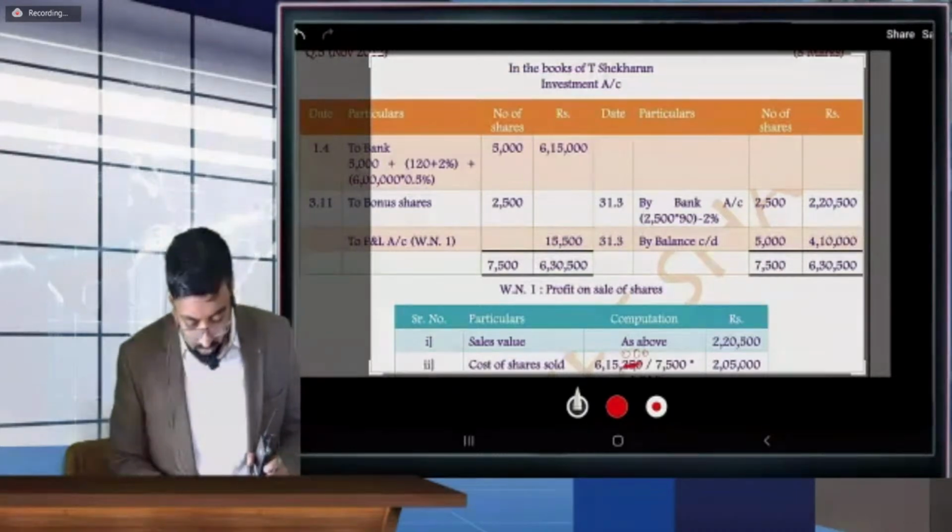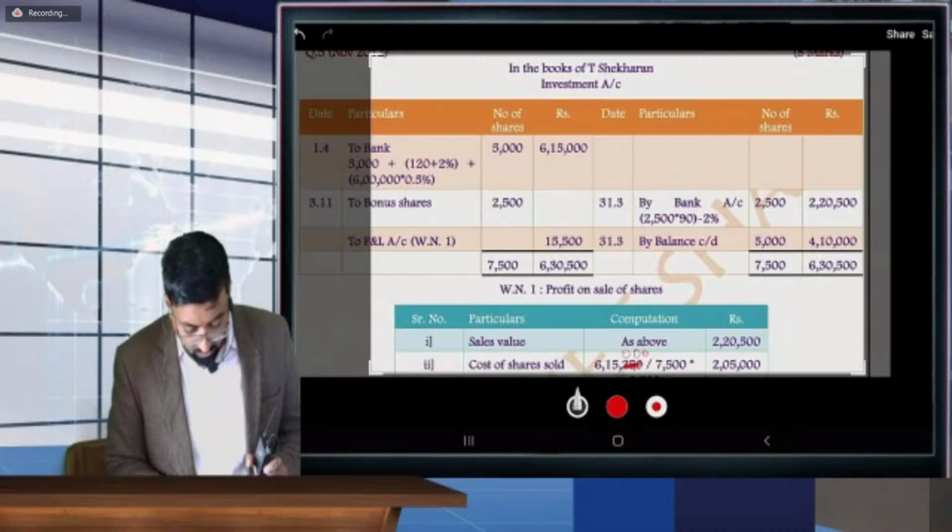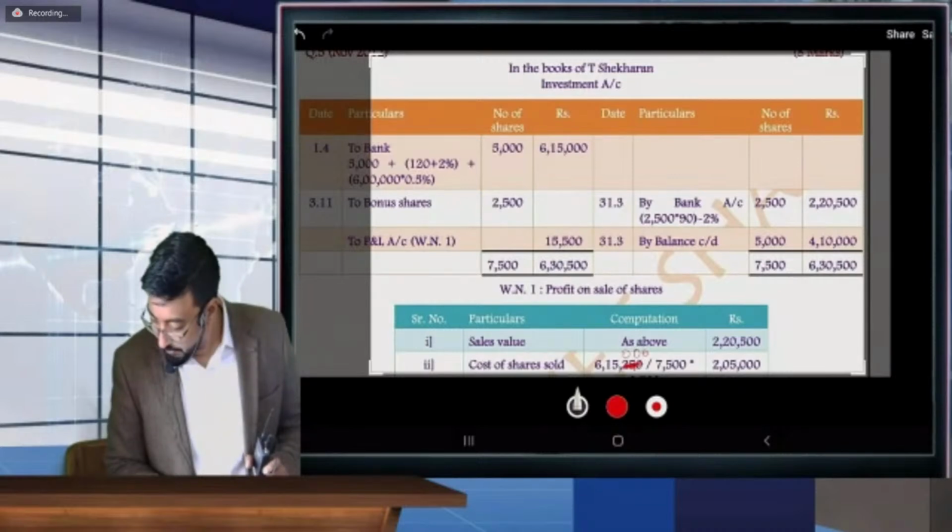Whether the accounting treatment at cost, beta 50 paisa is 2.5. 15,500 is a profit.